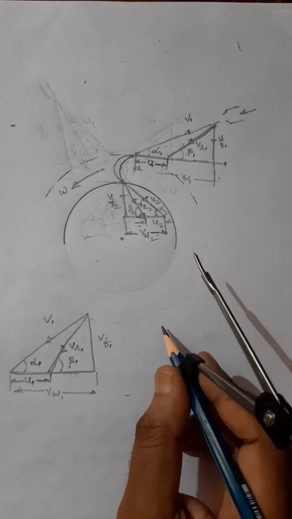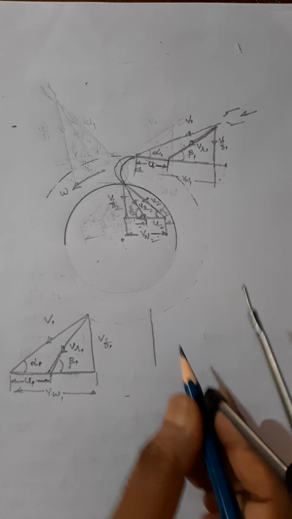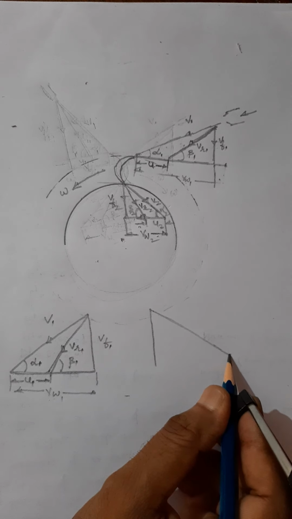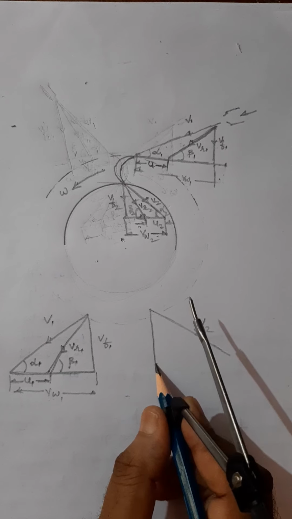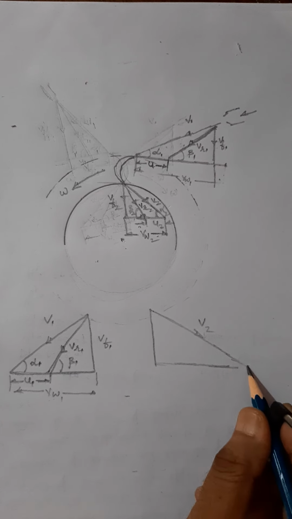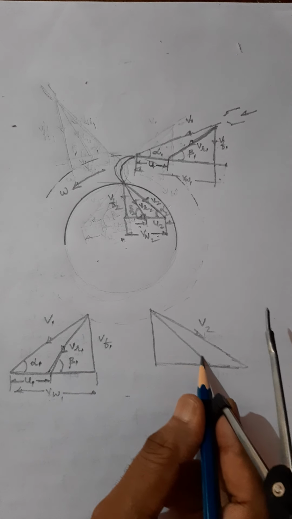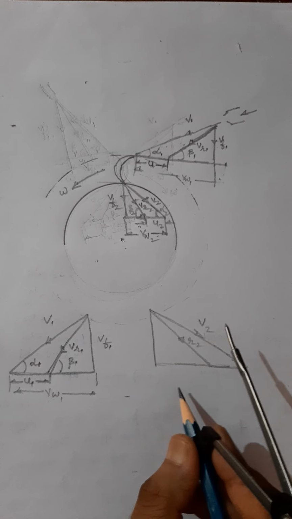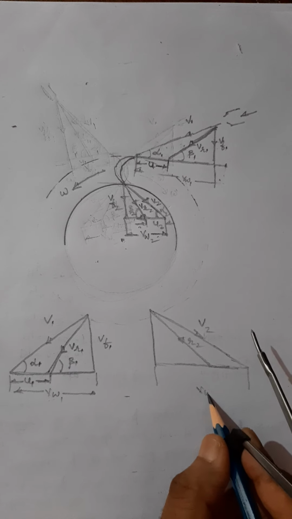So the outlet velocity triangle. Now see, this is V2, and the horizontal component, and this is the relative velocity VR2. Now see, this is VW2.